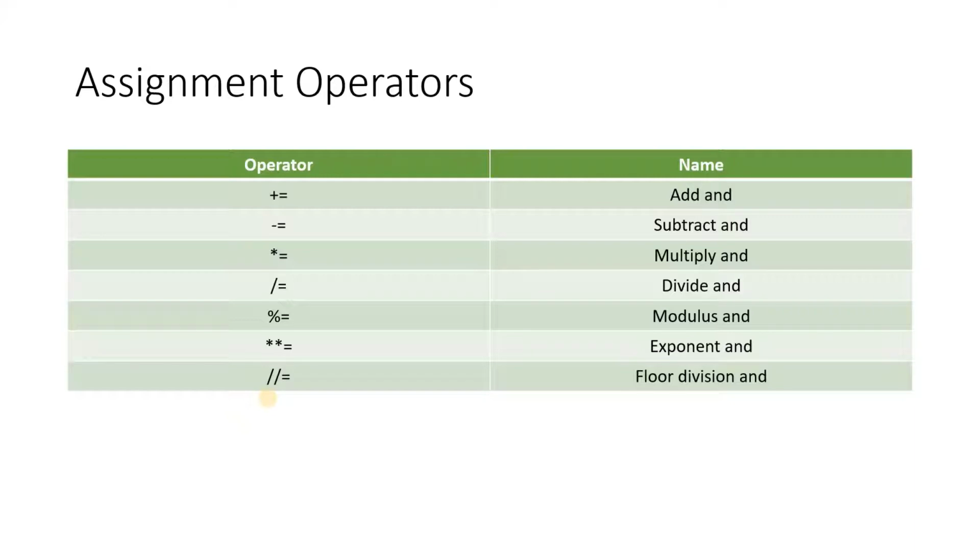To be more understandable, let's go into an example video, and I will explain there the difference between the assignment operators and arithmetic operators, and the difference between division, floor division, and modulus. So let's move on to a sample program. The remaining operators will be explained in my next video.